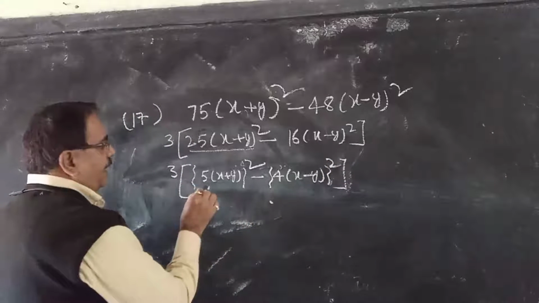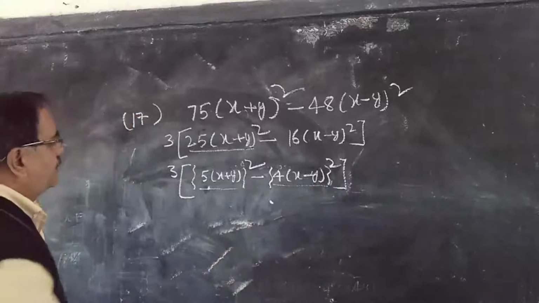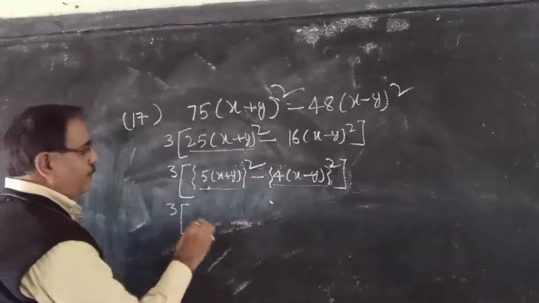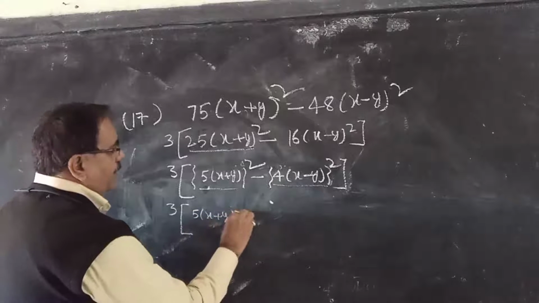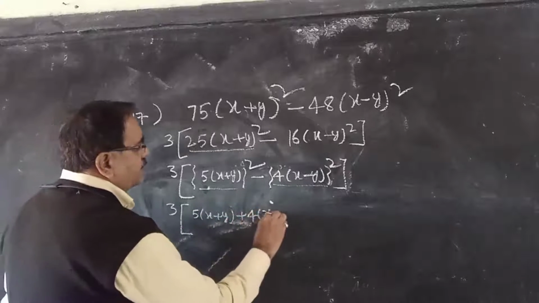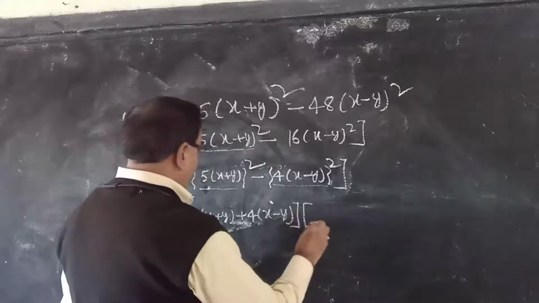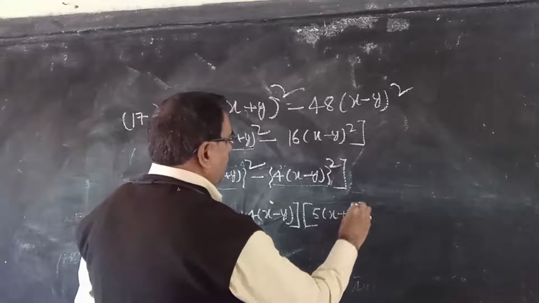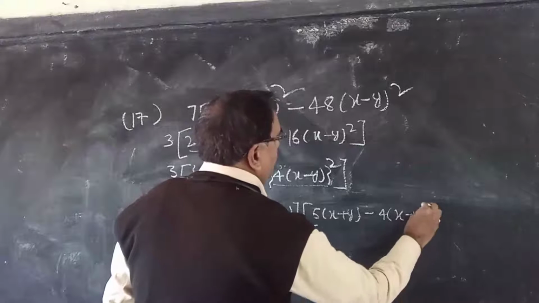Now inside the big bracket, this is a square minus b square, so we write it in result form. So 3, (5x plus y plus 4x minus y), one bracket, second bracket, (5x plus y minus 4x minus y).